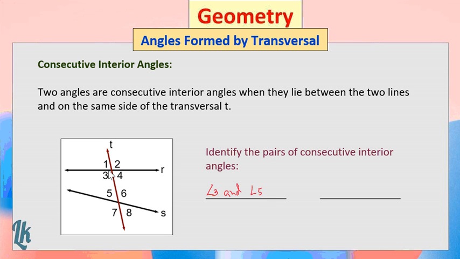You will notice that both angles are in the interior because they are between the two lines, but they are both on the left side of the transversal. So they are consecutive interior angles. Another pair consists of angle 4 and angle 6. They both lie between the two lines, or in the interior, and they are both on the right side of the transversal.